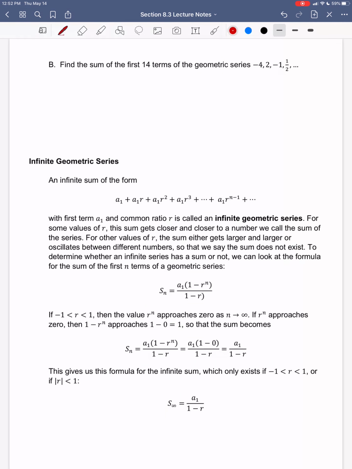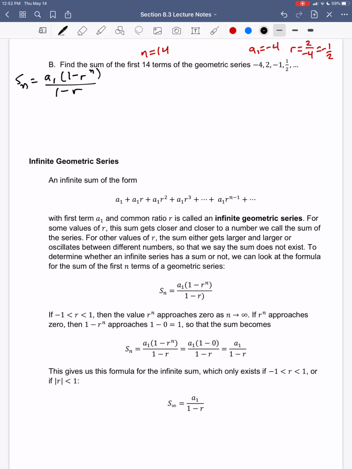For this problem, my a sub 1 is equal to negative 4. My r is going to be 2 over negative 4, which is negative 1/2, and my n is going to be 14. So I know s sub n is equal to a sub 1 times 1 minus r to the n all over 1 minus r.